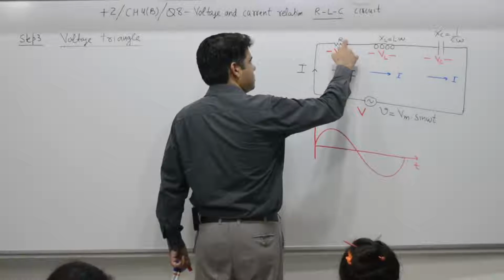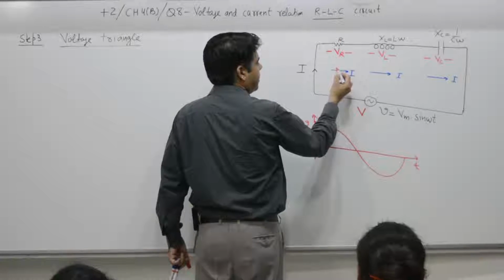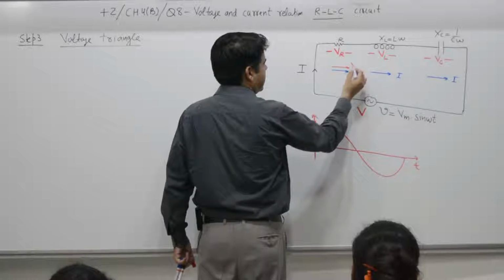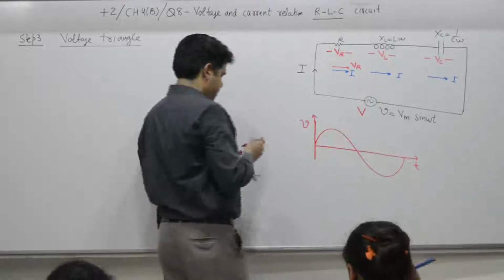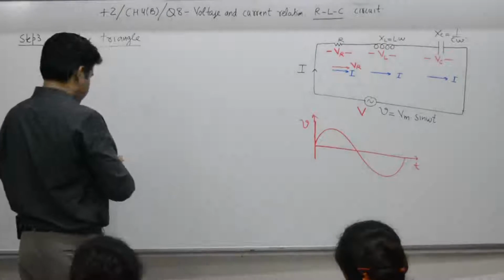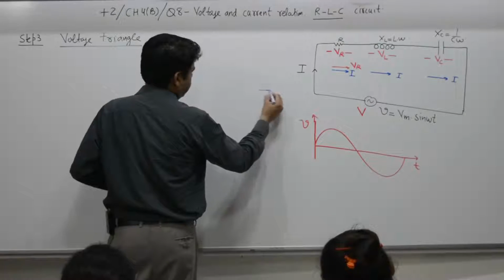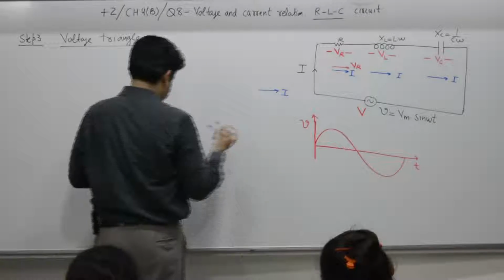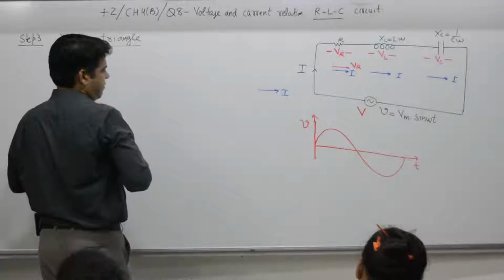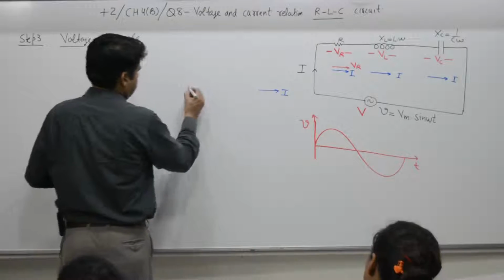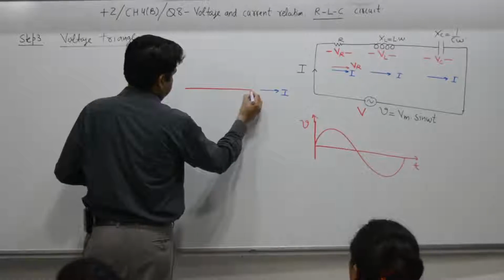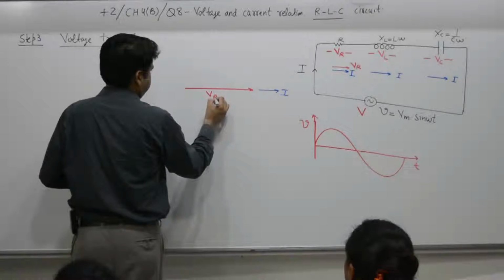For a resistance, voltage and current are in phase. So VR is in phase. That means, in case I want to draw it here, if I take this as a reference, I as a reference, then VR is in phase.